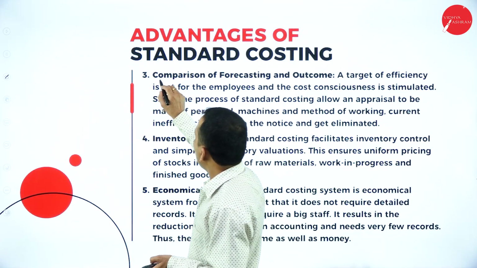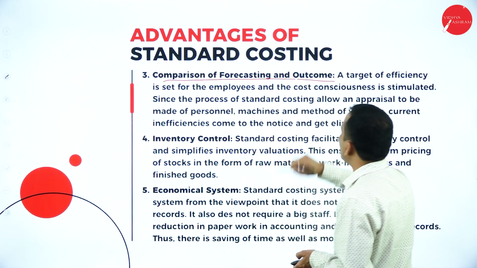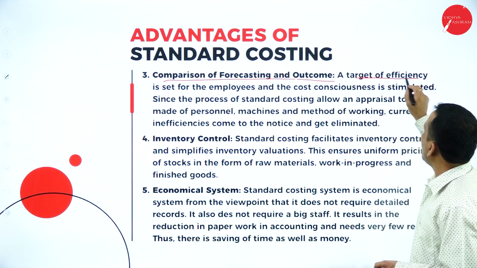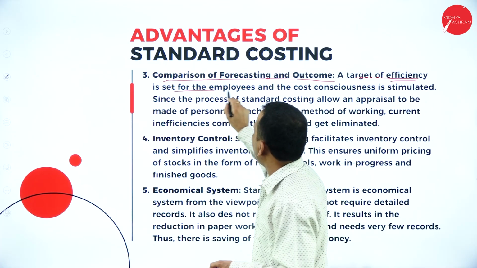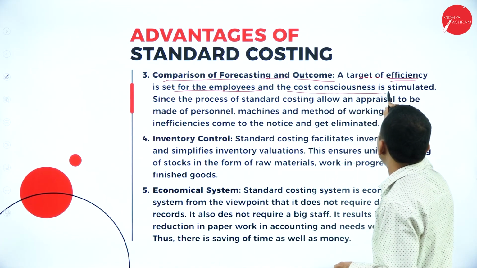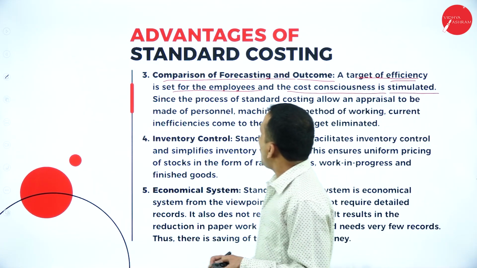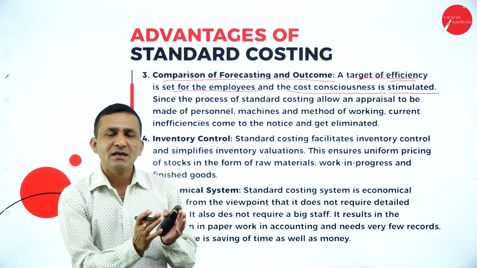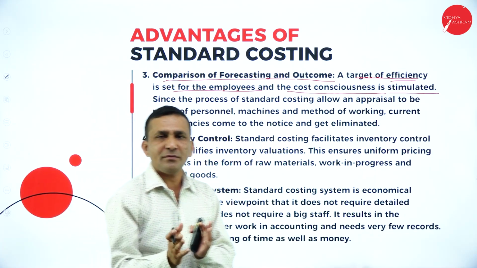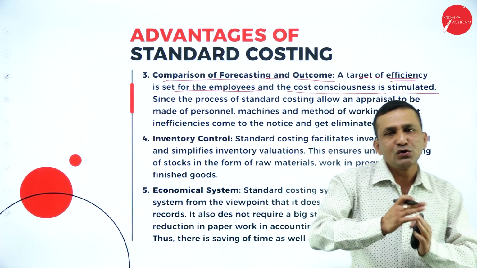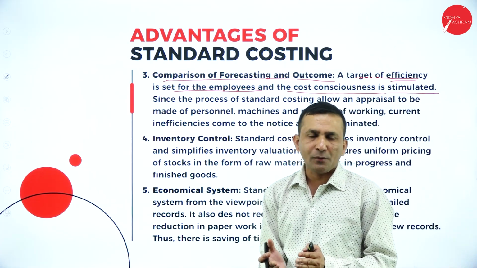So the fourth is the comparison of forecasting and outcome. The greater the target of efficiency set for the employee, the more cost consciousness is stimulated. Because we are comparing the standard with the actual, actual performance and standard performance contribute to your productivity.